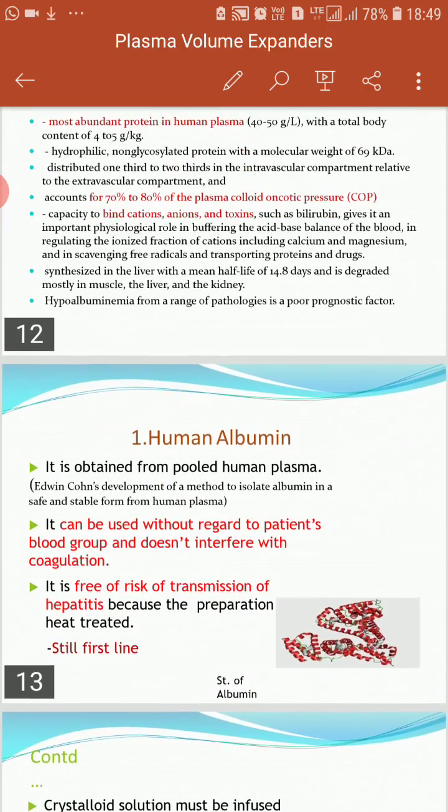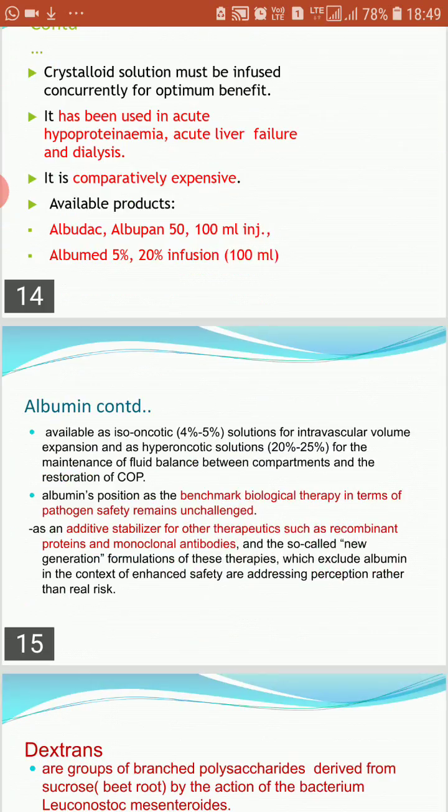Next we come to the important benchmark, because biological therapy in terms of pathogen safety remains unchallenged as an additive stabilizer for other therapeutics like recombinant proteins and monoclonal antibodies.